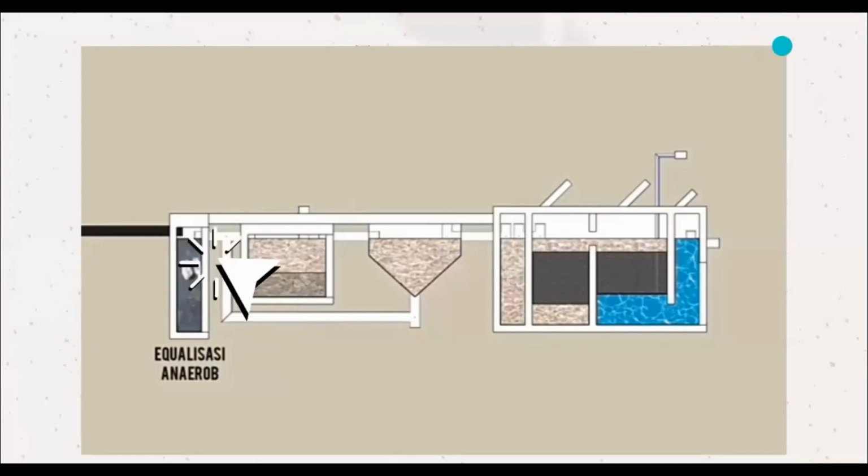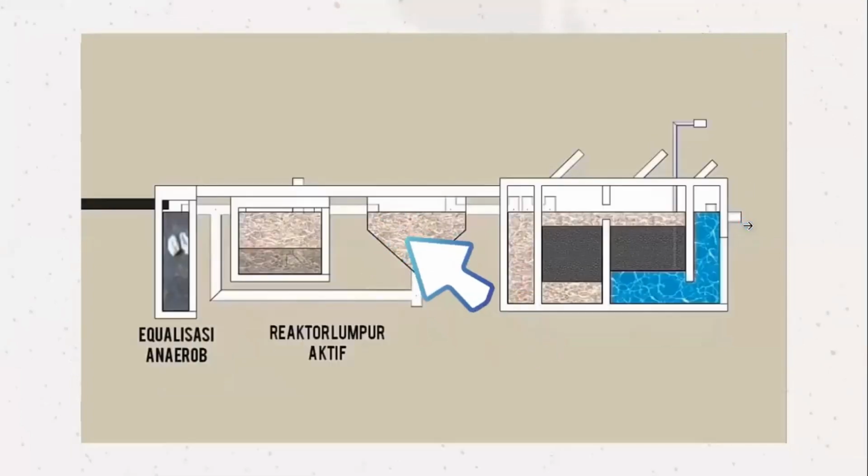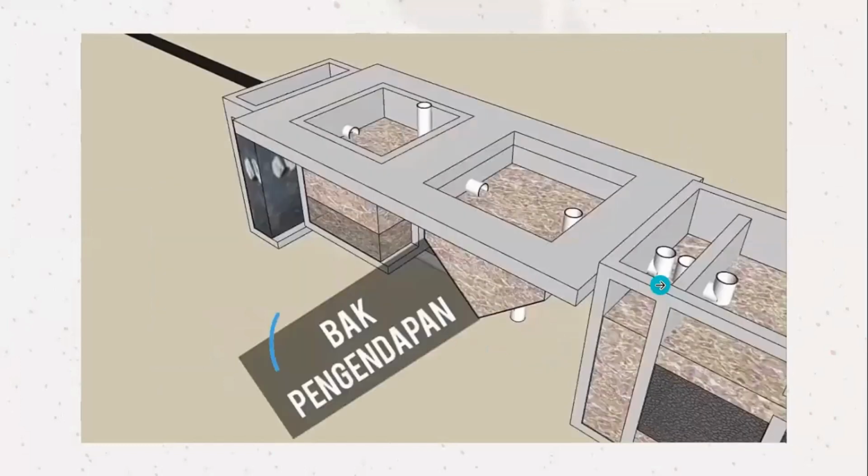Then, from the equalization tank, wastewater is pumped into the activated sludge reactor, which consists of a settling tank with a function to precipitate particles, suspended organic matter, which also functions as a flow control tank, as well as a basin for decomposing organic compounds in the form of solids, classification, and sludge storage.